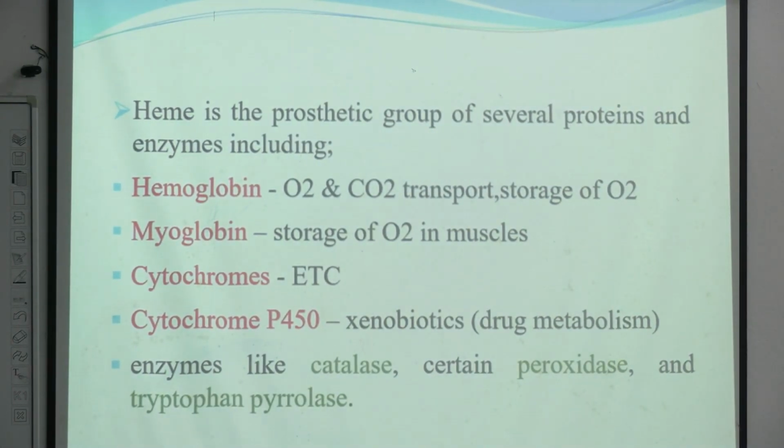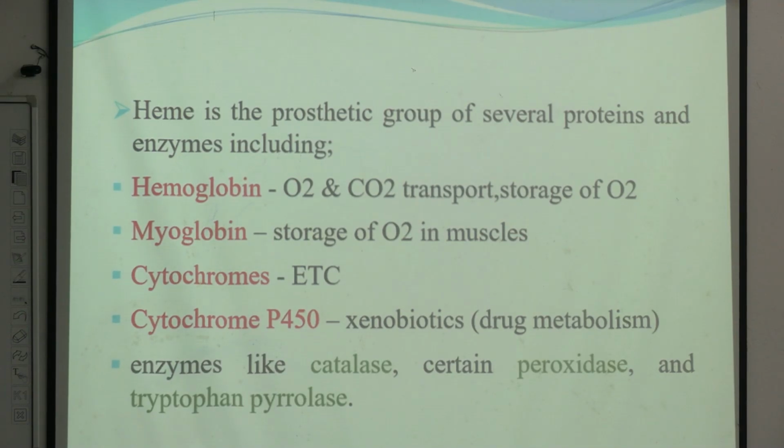Whenever we say heme, the first word that comes to mind is hemoglobin, and hemoglobin is the major protein helping in transport of oxygen and carbon dioxide in our body. Next comes myoglobin. What is myoglobin? It is the storage protein for oxygen in muscles.